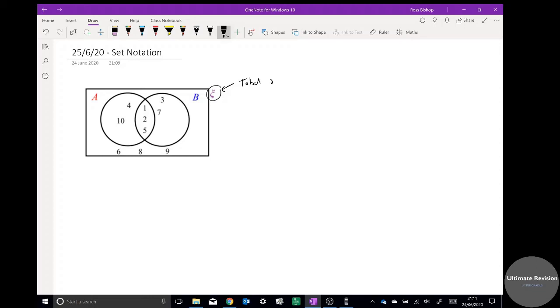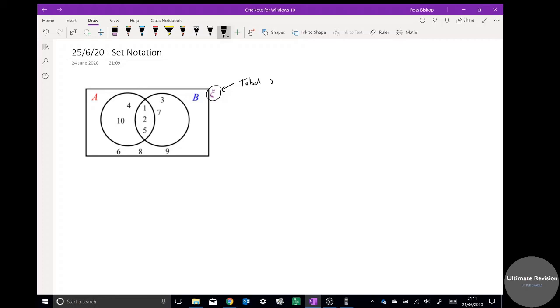Okay. Let's do one final example before you can do some practice on this. List the elements in A union B dash, okay, which is different to A intersection B dash. So this is in A or outside B or both.